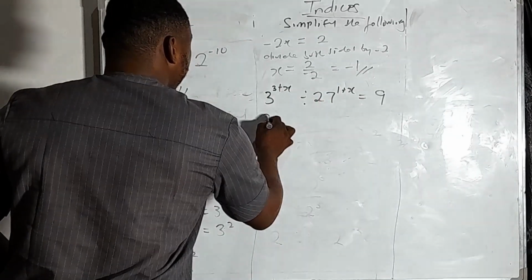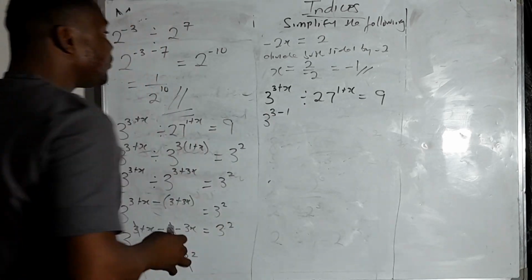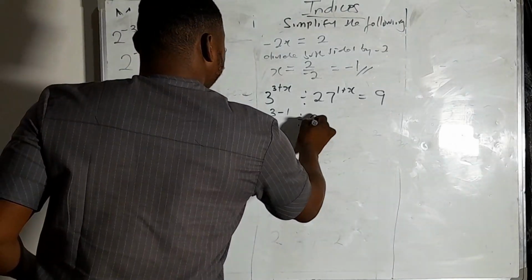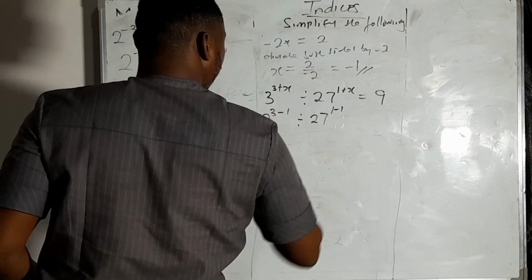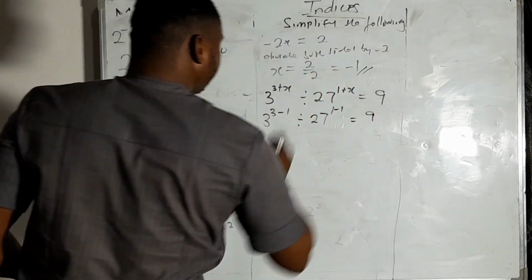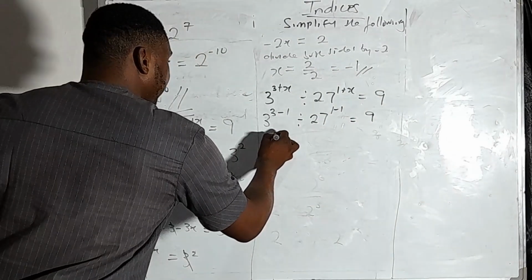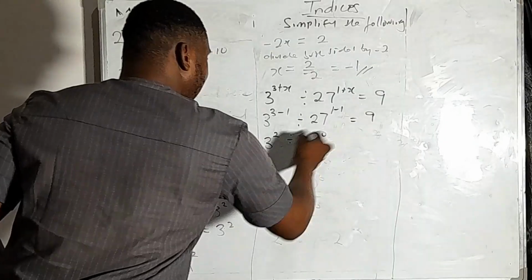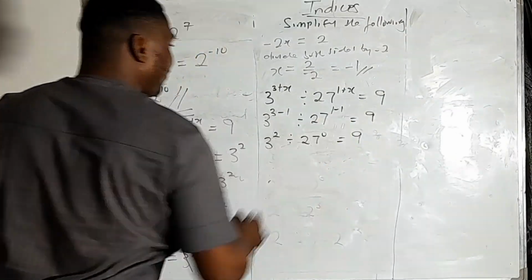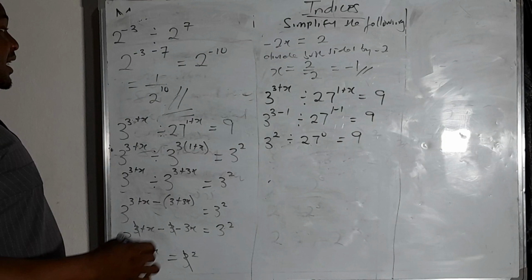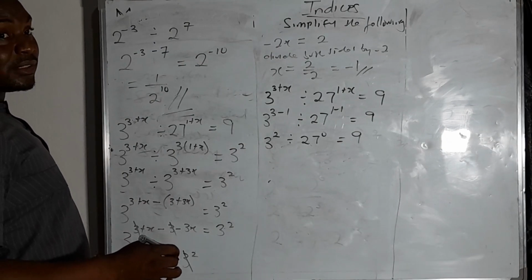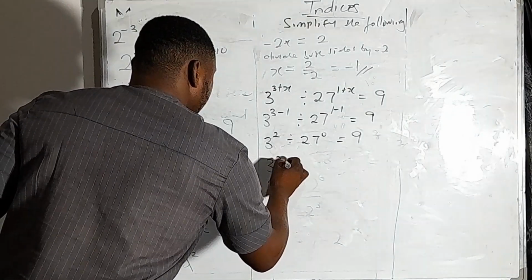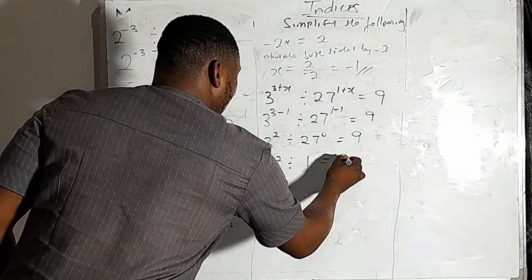So here we have 3 raised to the power 3 minus 1, since x is minus 1 and minus times plus is minus, divided by 27 raised to the power 1 minus 1 equals 9. So we have 3 raised to the power of 2, that's 3 minus 1 will give you 2, divided by 27 raised to the power 0 equals 9. If you remember, we said n raised to the power of 0 is equal to 1. So we have 3 raised to the power of 2 divided by 1 equals 9.